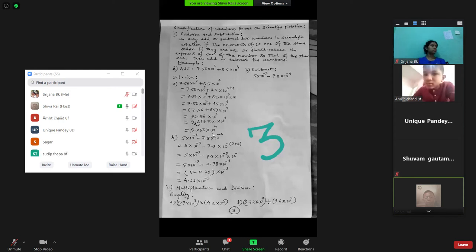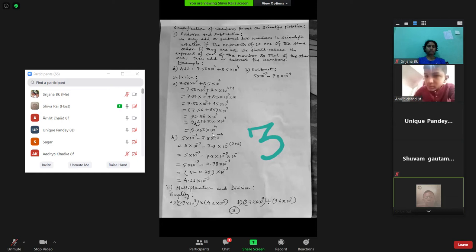You look here. 5 into 10 to the power minus 3 minus 7.8 into 10 to the power minus 4, we can write as minus 7.8 into 10 to the power, in the bracket, minus 3 plus 1. Actually minus 3 plus 1 is what? Minus 4. Just we are converting into the same exponent, same order as the first term.